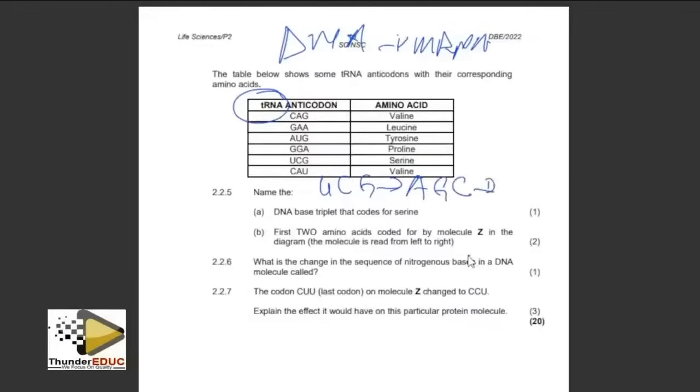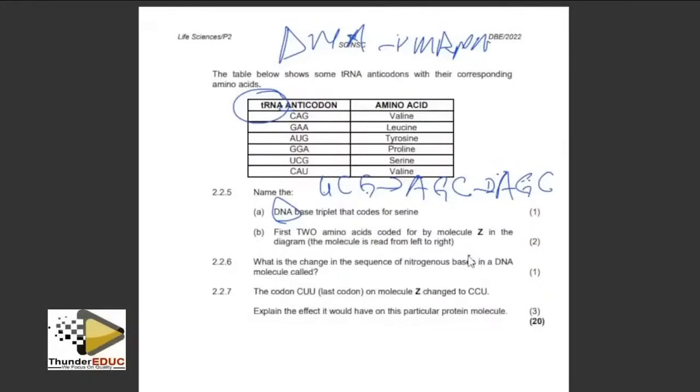Then convert it to DNA because they want DNA. How many times do you convert? It depends on what they have given you. So it's going to be A, G, and then C. That's the answer for serine.